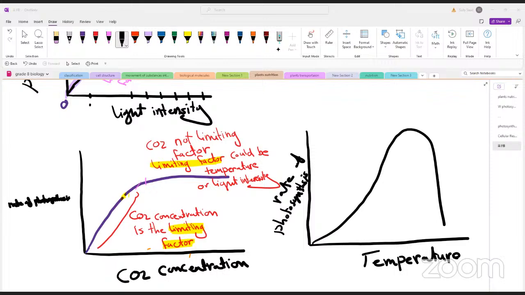Do you have any doubt regarding that part? Gamal, Khalid, do you have a doubt? If you have a doubt, you can write it in the chat, please.